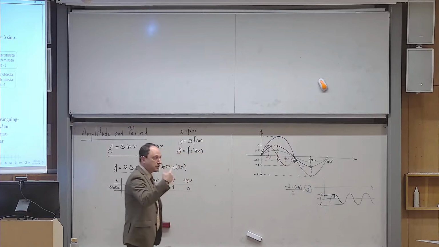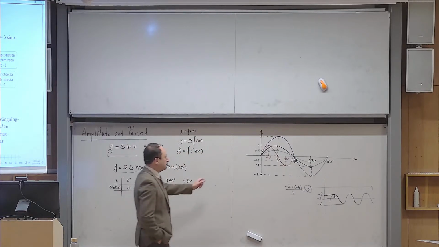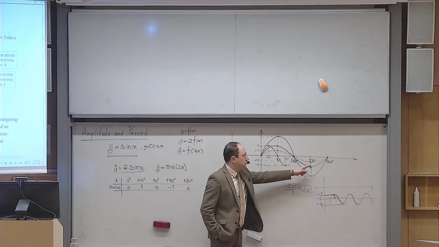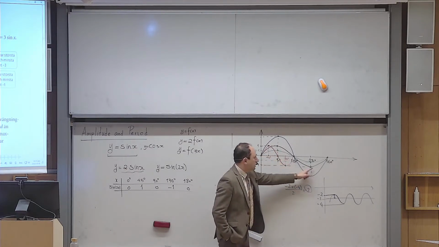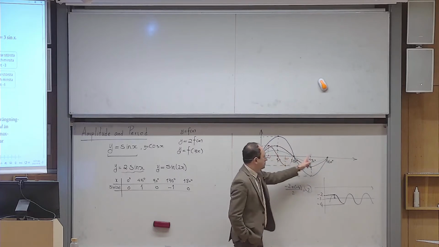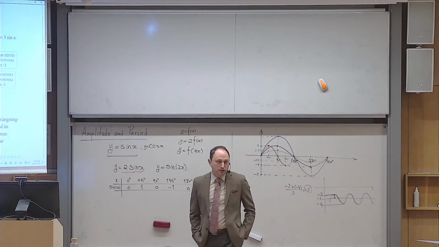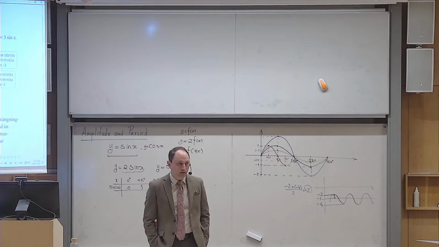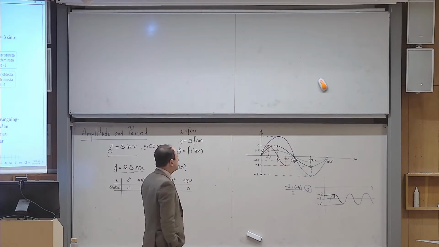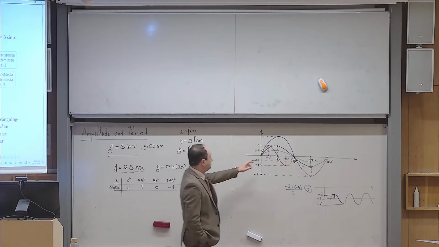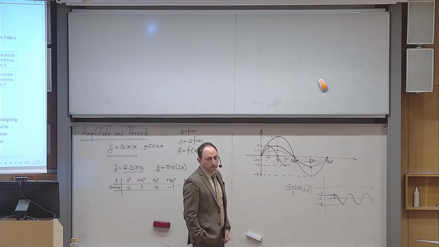Okay, now let me ask you one question. What was the period of the black curve? Yes, so this is from 0 to 360 degrees. But what is the period of the new function? It's just 180 degrees. What is the amplitude of the black curve? 1.